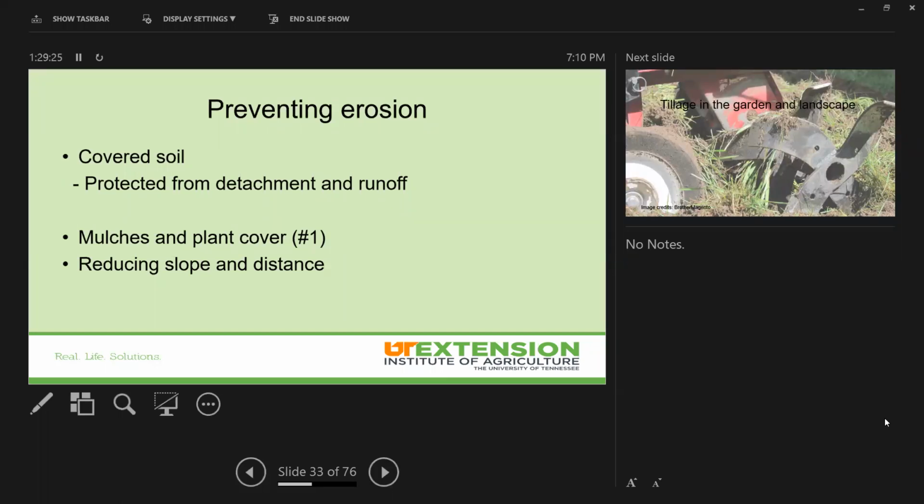You can also look at your slope. If you can reduce your slope, if you're having a lot of erosion problems, you may have to plant a slope with native grasses and wildflowers and just not mow it, just mow it once or twice a year. It may not look pristine, like a formal landscape, but it will be doing the job that it's supposed to be doing.